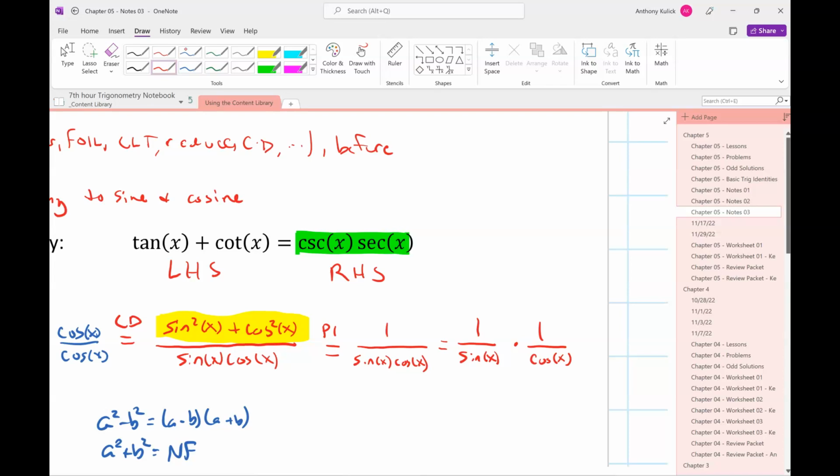Remember when I multiply 2 fractions, I just multiply the tops together and the bottoms together. So the way I've written this is still the same thing as what I had, right?